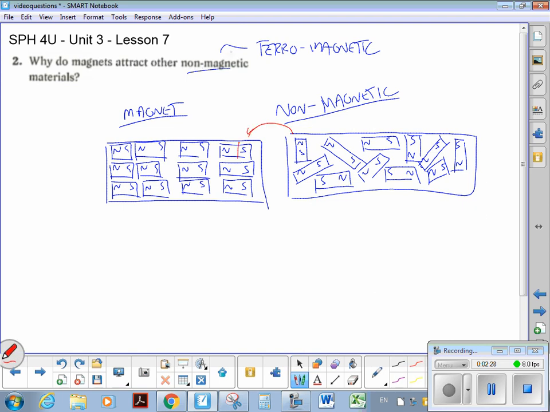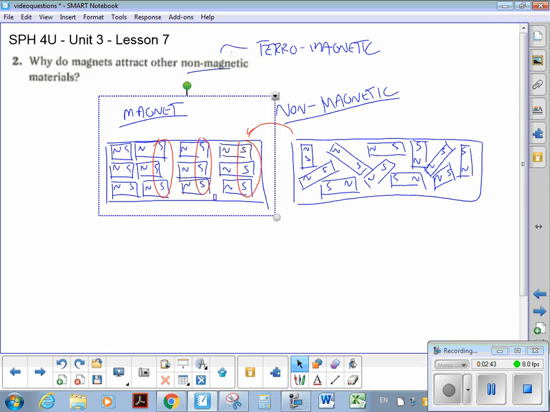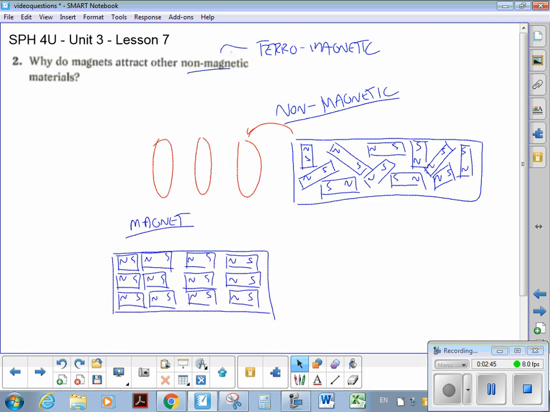They've aligned, so these dipoles are very strong, creating a magnetic field. And then all of a sudden, the dipoles over here in this piece of metal start feeling that magnetic field and start aligning themselves.